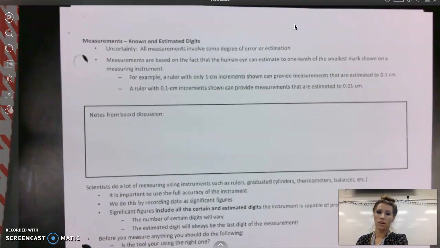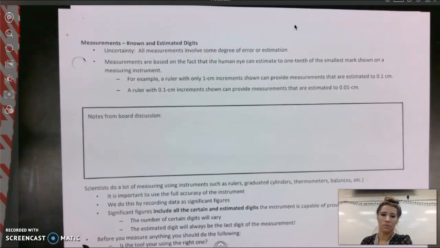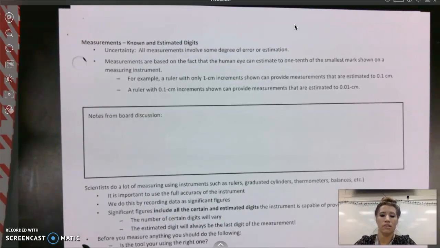Okay, the next thing we talked about was known and estimated digits. Let's think through this in terms of the precision of an instrument. As humans, we can only make an accurate estimate to a tenth between calibration marks.